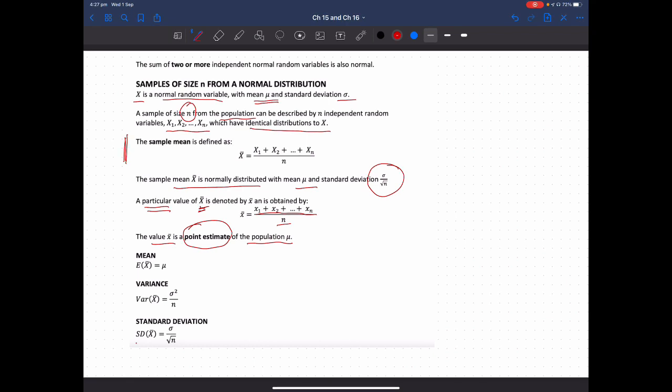The expected value of the mean is equal to mu. The variance is equal to sigma squared divided by n, the size of the sample. Lastly, the standard deviation of the mean is equal to sigma divided by the square root of n.